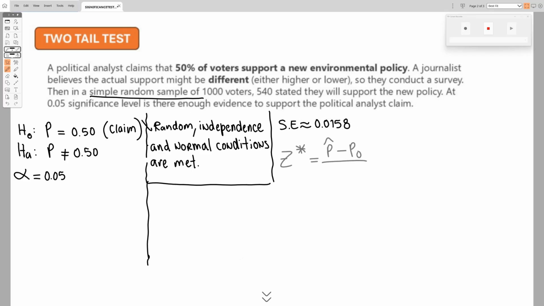The z-test statistic compares the sample proportion to the true proportion as stated in the null hypothesis, divided by the standard error.